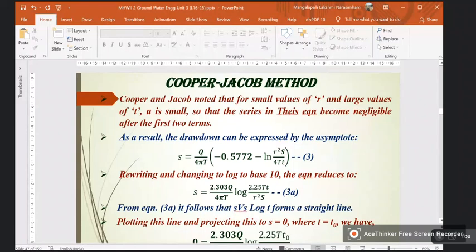Next, the second method is a simpler one, and it is the Cooper and Jacob method.